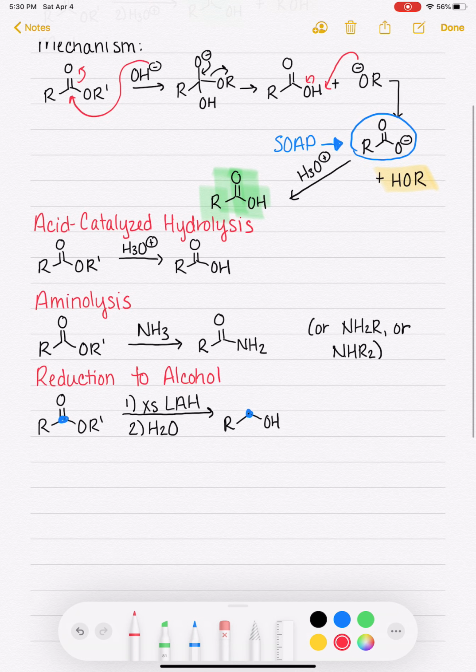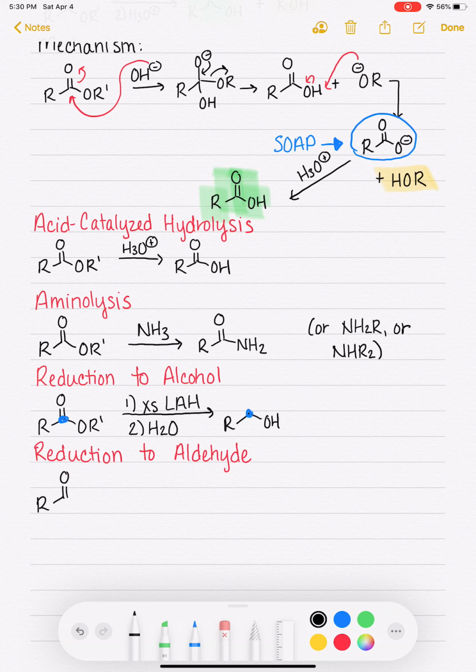Just like we saw with the acid chloride and with the acid anhydride, if we want to, we can use a different reagent that's going to reduce us to the aldehyde instead of going all the way to the alcohol. So this one actually uses a different reagent than the acid chloride or the acid anhydride.